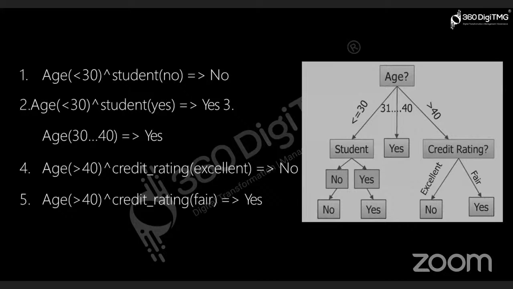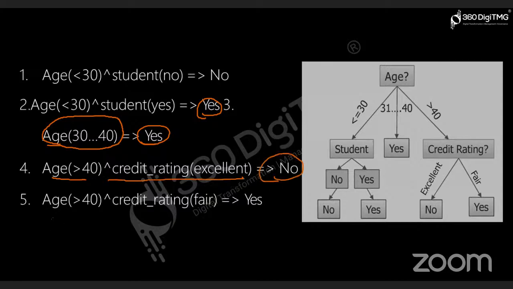Similarly, if age is less than 30 but they are a student, they will buy the laptop. If age is between 30 and 40, yes, they will buy the laptop. If age is greater than 40 and credit rating is excellent, they will not buy the laptop. If age is greater than 40 and the credit rating is fair, yes, they will buy the laptop. So now we have reduced the number of possible rules to 5.